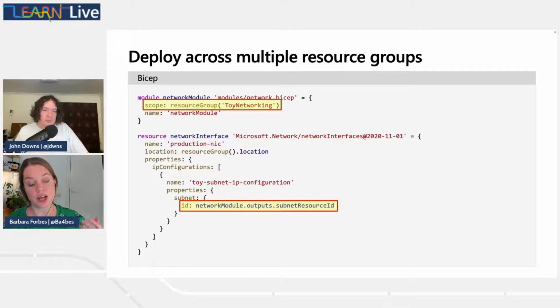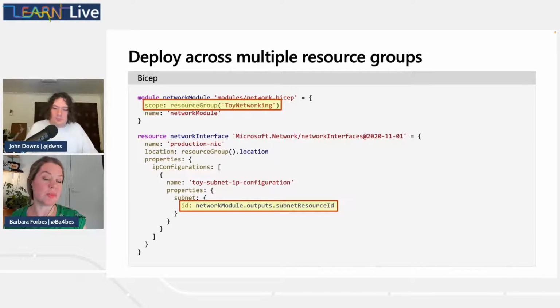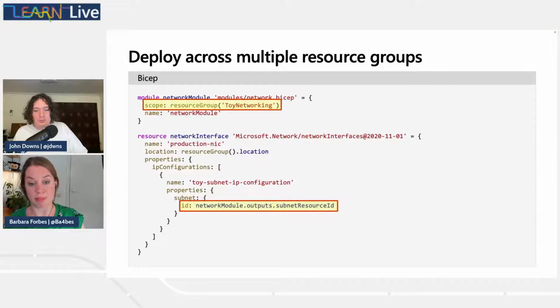So we can use the ID that comes out of that module, which is one of the outputs, and use that for that network interface. So this makes your template a lot more simple than if you would have two templates for this, because then you wouldn't be able to refer to it like this. You could use existing for that, but that's extra code that you would have to write. So this can be a really nice way to actually make your template simpler and more readable.